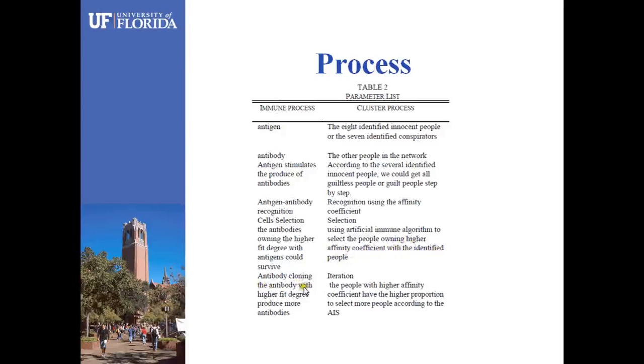Antibody cloning: antibodies with a higher fit degree produce more antibodies. This is the iteration. People with a high affinity coefficient will have a higher proportion to select more people according to the AIS. So step by step, after many iterations, we got the outcome.